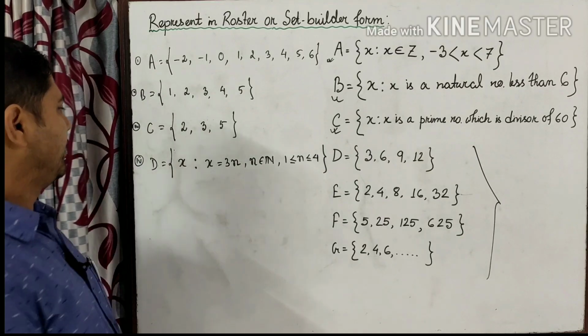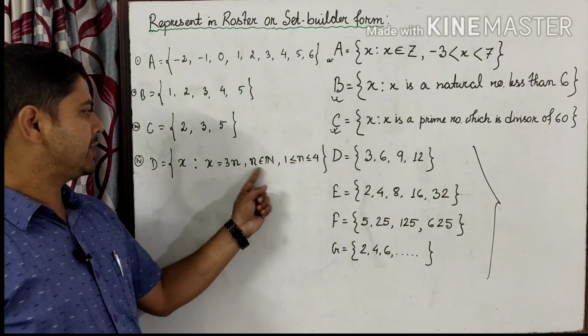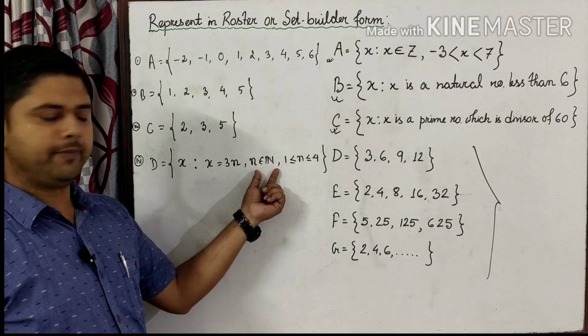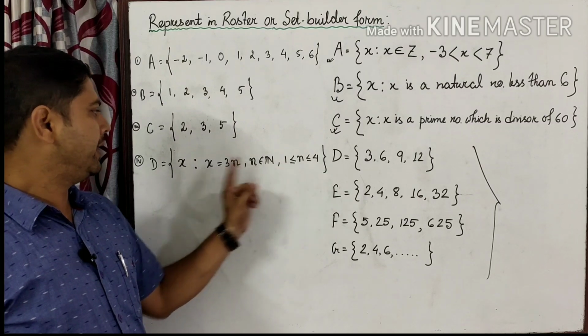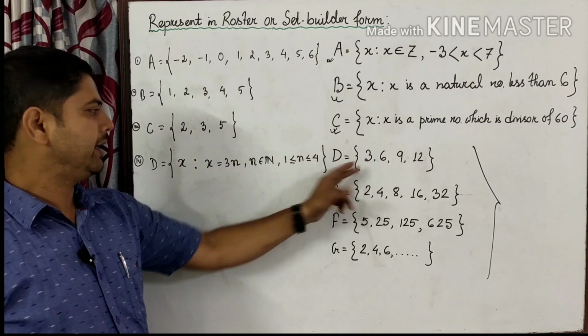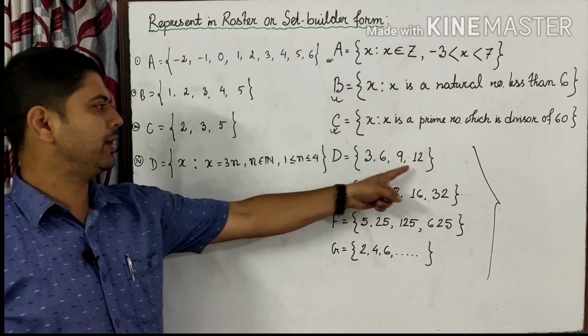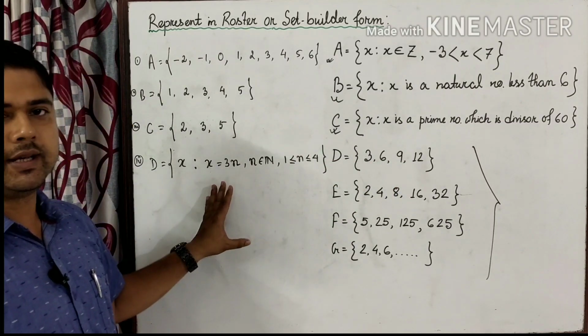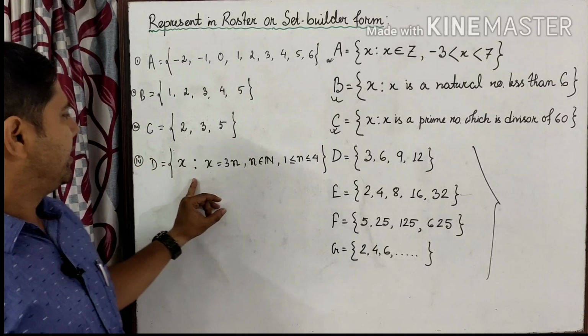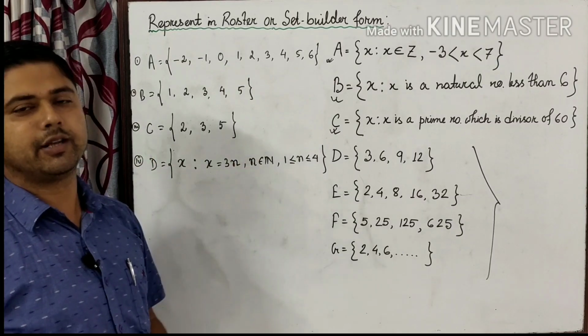So x equals 3n, n belongs to the natural numbers. Putting 1, 3 into 1, the first value is 3. Putting 2 gives 6, putting 3 gives what? 9, and putting 4 gives what? 12. That is the representation in which format? Set builder form.